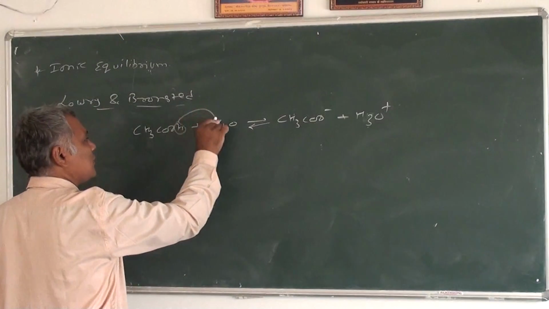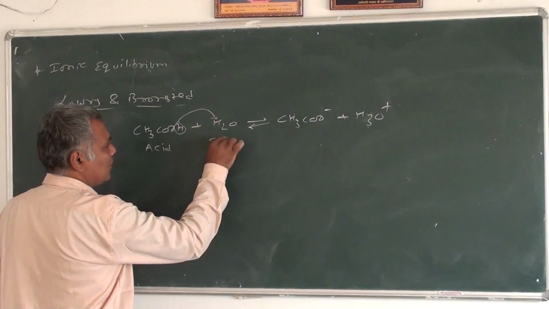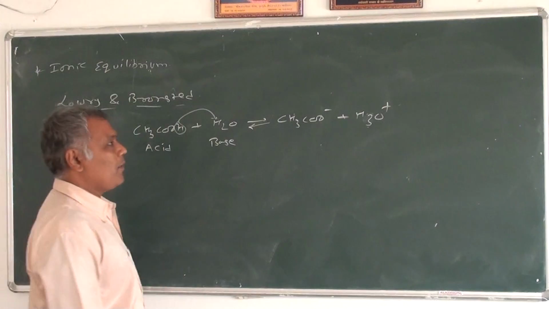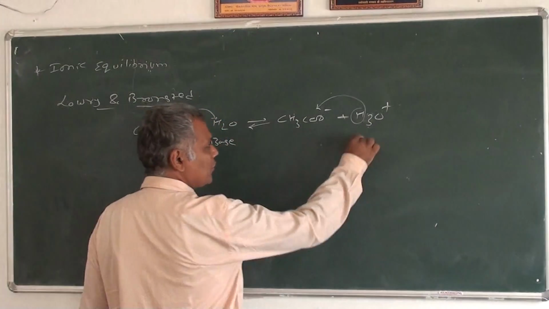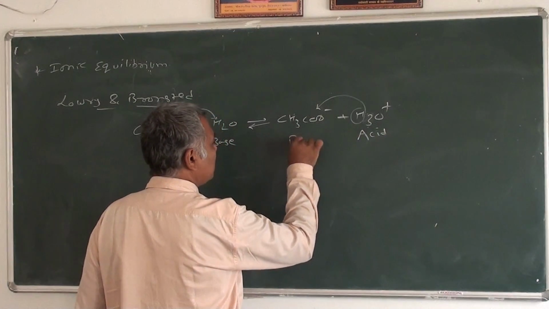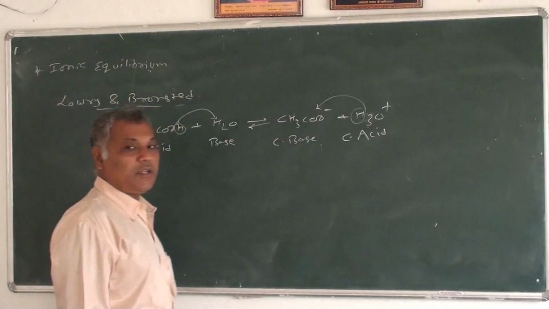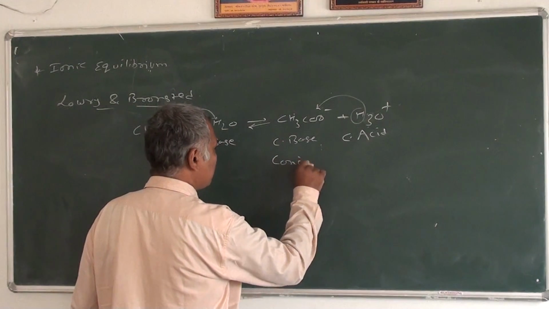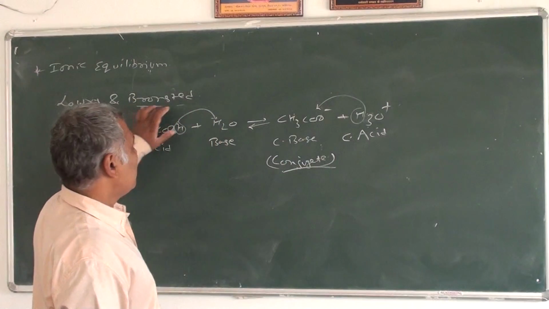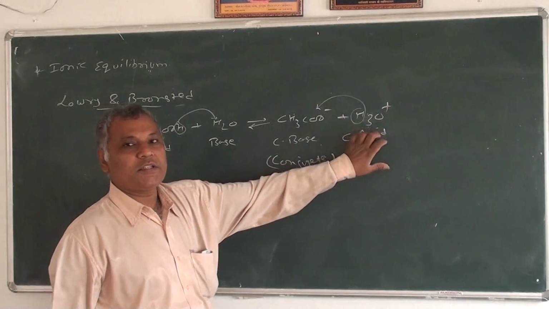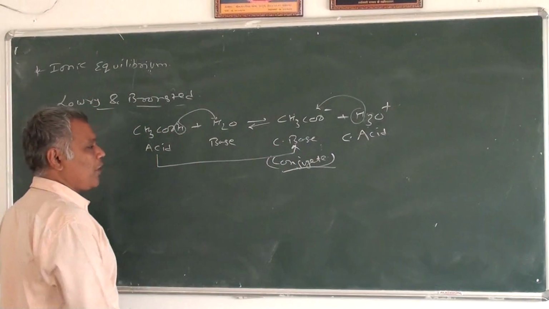So this H plus is donated to H2O. So at present this is an acid and this is a base. But in the reverse reaction, what is going to happen? It's going to donate, so this one is going to become the acid and this one is going to become the base. Therefore we use the words conjugate acid and conjugate base. See, in the reverse reaction, this is the base, this is the acid. So from this reaction, what can we say? Acid produces a conjugate base.